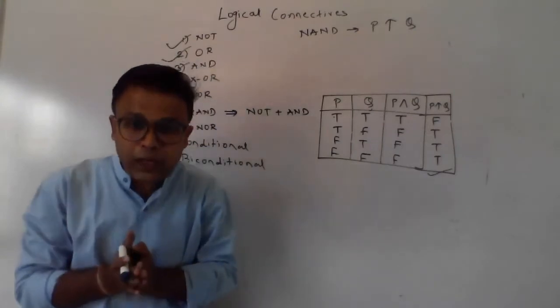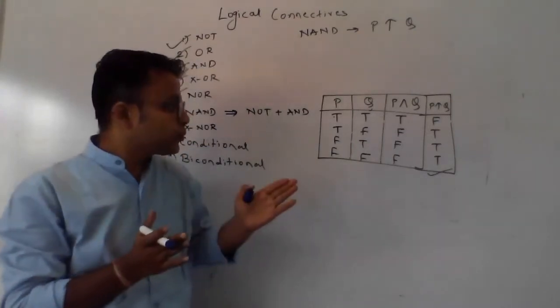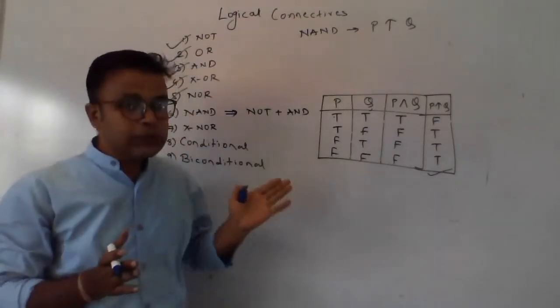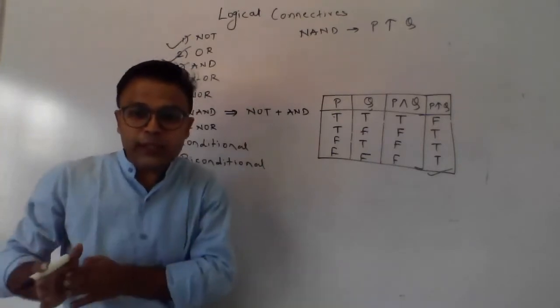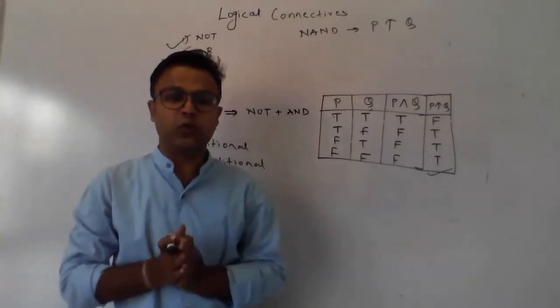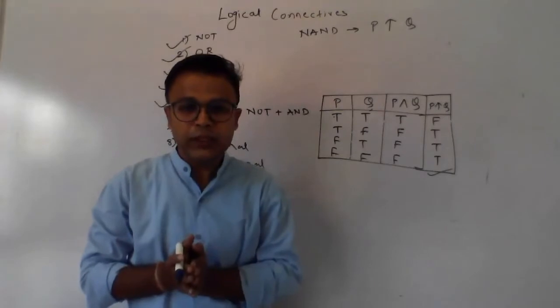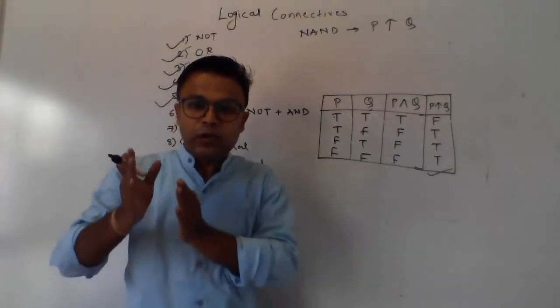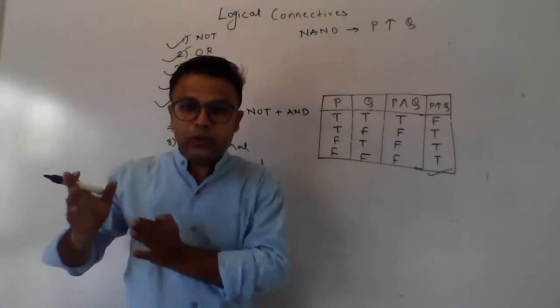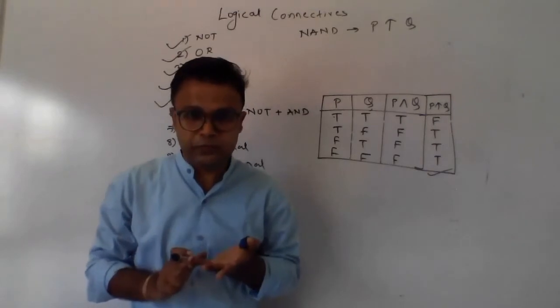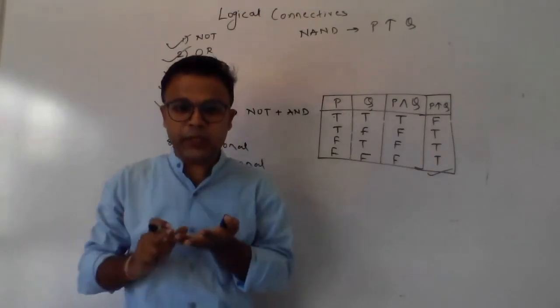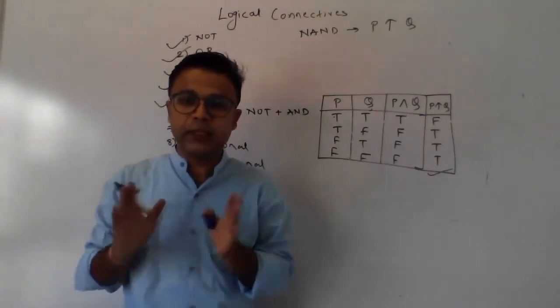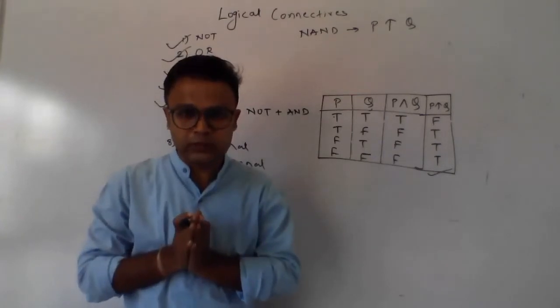What we can conclude from this is that if both the statements are true, then only it is false, otherwise it is true. Or in other words, for NAND to be true, there must be at least one F. If there is at least one F, then NAND is true, otherwise it is false.